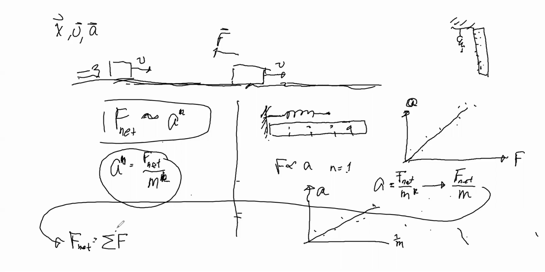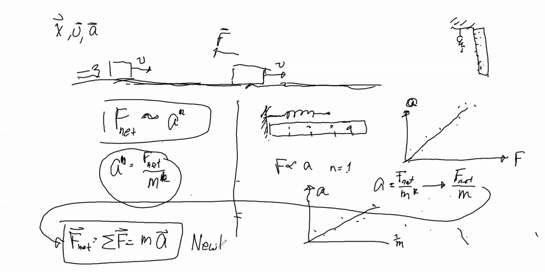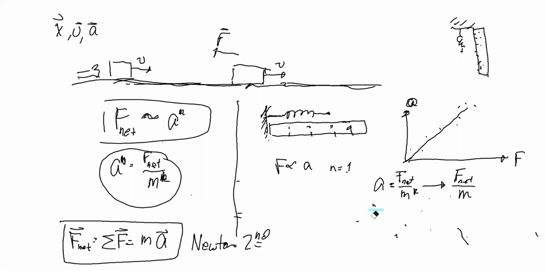F net being the sum of forces acting on object M, resulting in this acceleration A. Newton's second law.